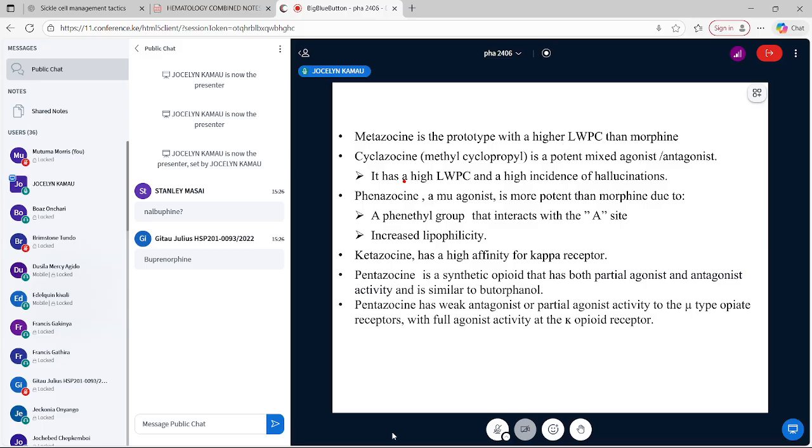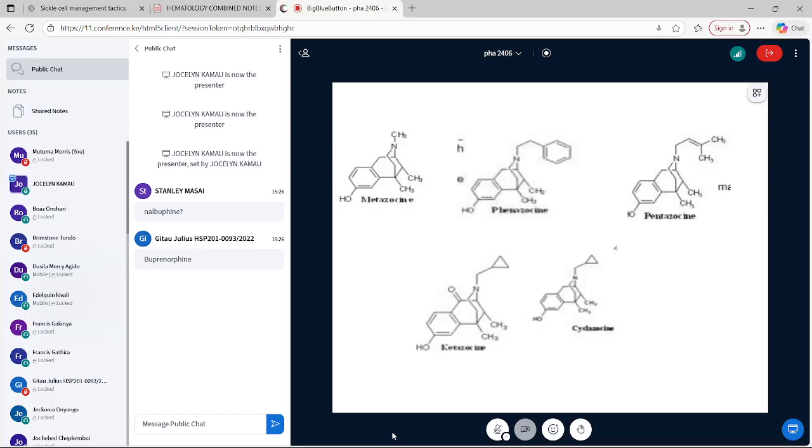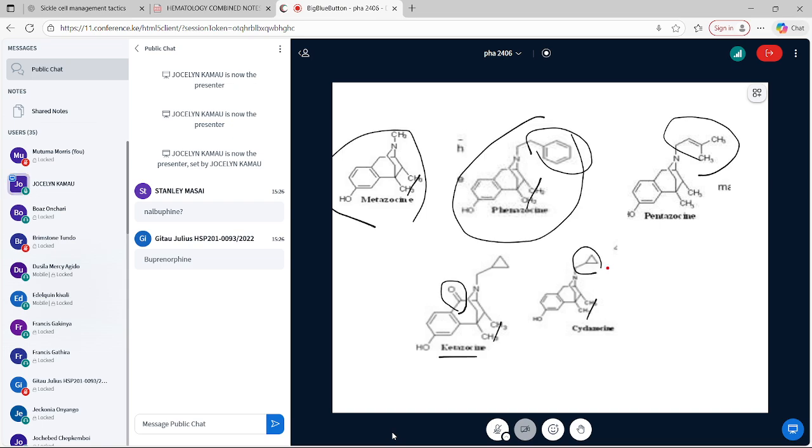Cyclazocine, methyl cyclopropyl, is a potent mixed agonist, antagonist. Remember, we did mention that these compounds, like when we looked at the other compounds, although they had a hydroxyl group at this position. We did mention for the others, when we put that group there, they became pure antagonists. Remember? They became pure antagonists when we put that group there.